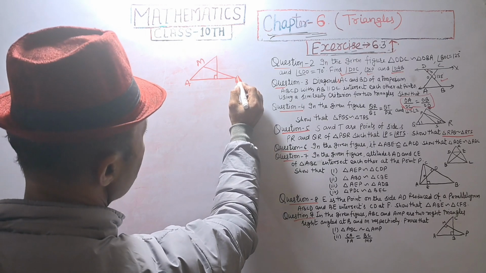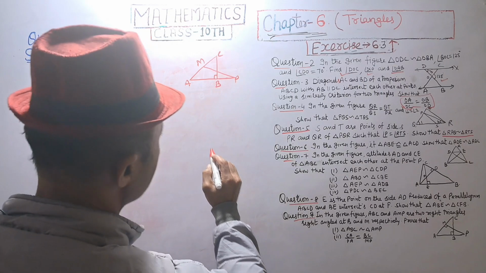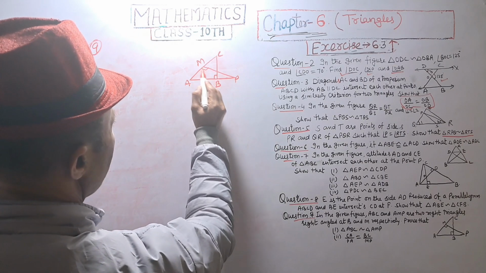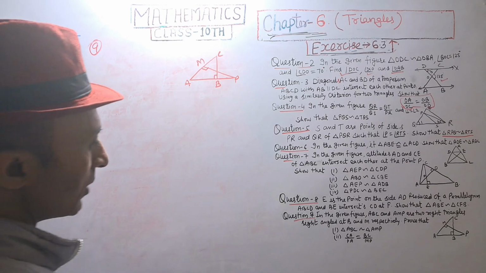Here we have A, P, B, and C, with M perpendicular and B perpendicular.